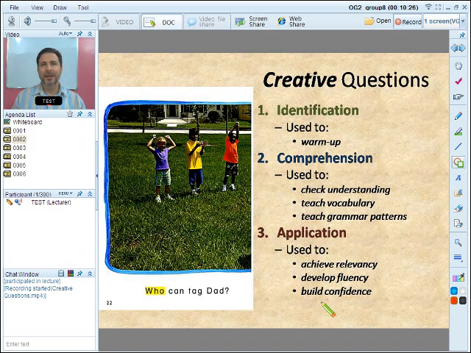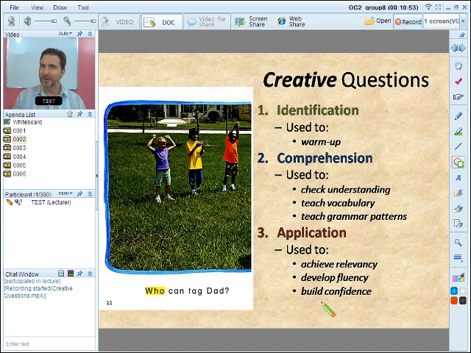When you ask application questions, it gives the student a chance to express themselves, how they feel or how they think or what they might think about something. And it kind of builds confidence, especially when the teacher completely follows them and understands, and there's not too much over error correction. And so that's just an overview.